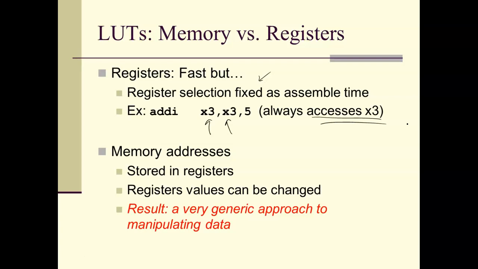A more generic way to do any type of programming is to work with addresses. We're going to put addresses into registers and use those to access memory, and we can do so in a super generic way. You've seen with many of the programs we've done here, it goes to memory and uses a register as a memory address.